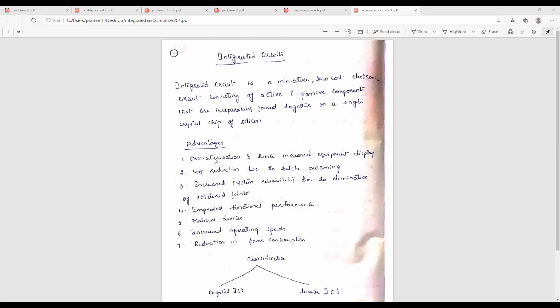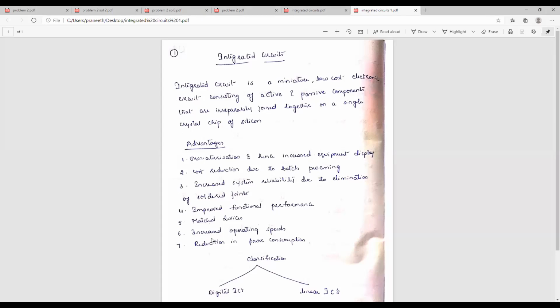First is miniaturization, cost reduction, system reliability increases, system performance increases, matching the devices is possible to the maximum extent. Operating speeds increase and the consumption of power is also less. Why the consumption of power is less: see here, we are not using long wires or soldering joints for making the circuit, isn't it?